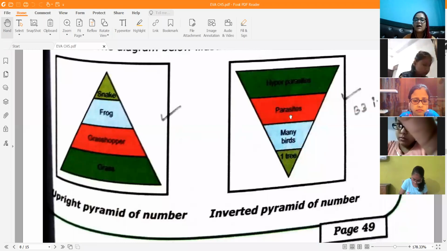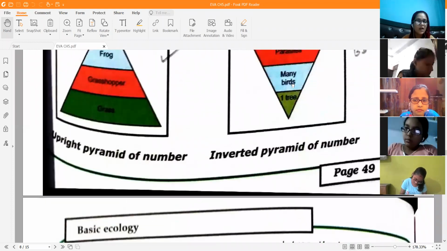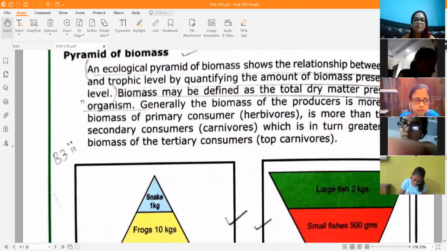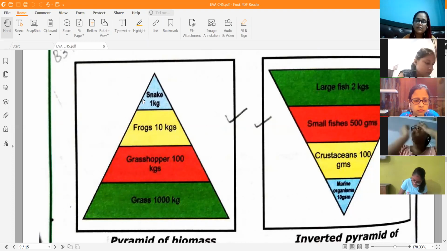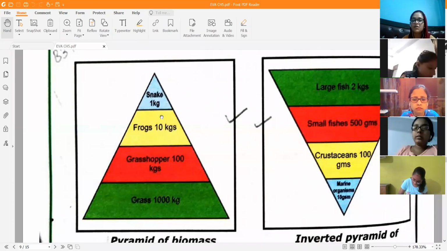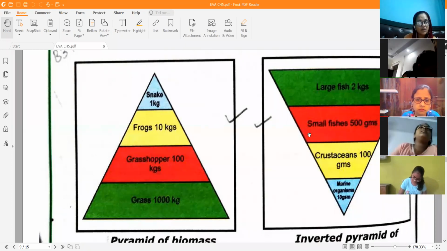These birds further have many parasites living on their body, which in turn support many hyperparasites on their bodies, right? Then pyramid of biomass, we got two pyramids once again, where when we talked about terrestrial ecosystem, it was an erect pyramid, and talking about a marine ecosystem, we got an inverted pyramid.